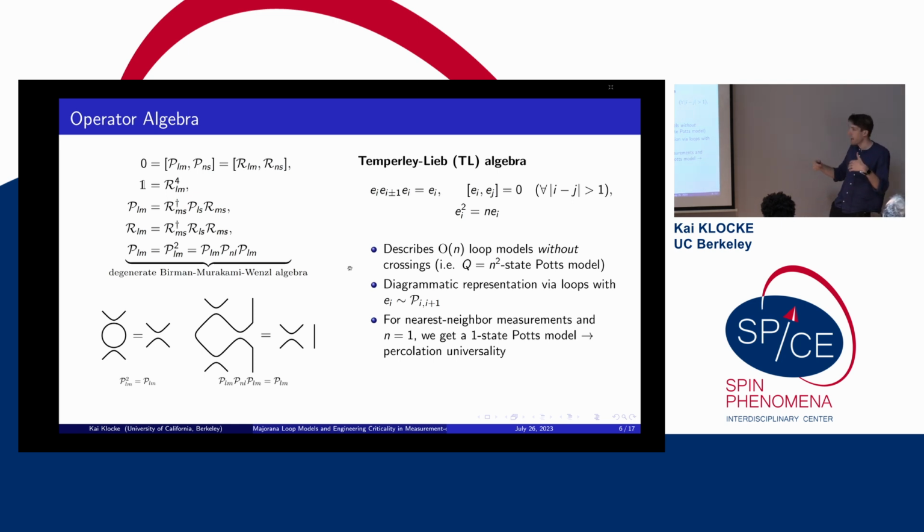And the nice thing is that it has this diagrammatic representation via loops where these generators are just measurements, essentially. And so just from identifying these algebras, you might naturally expect for nearest neighbor measurements, with loop fugacity 1, you should have a one-state Potts model, and that's percolation.